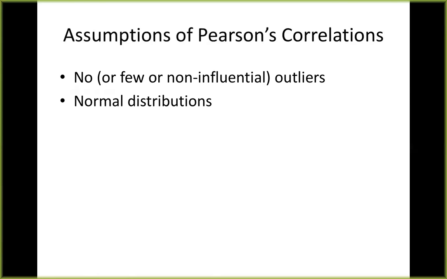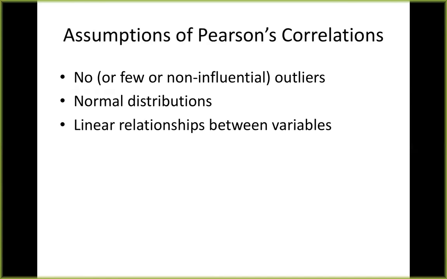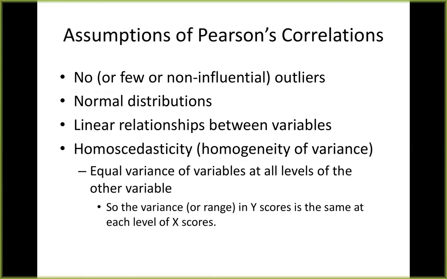Same as in other analyses, our parametric analyses anyway, we want normal distributions. Linear relationships between the variables, and I'll talk a little bit about what that looks like and how we evaluate that. And then homoscedasticity. And this is the same assumption we've been talking about in t-test and ANOVA analyses, where we're looking at homogeneity of variance.